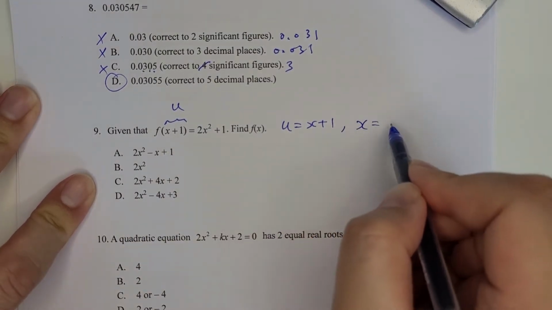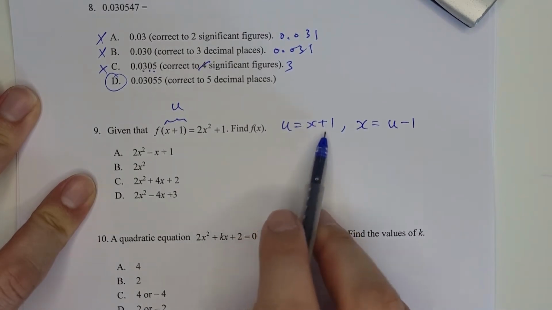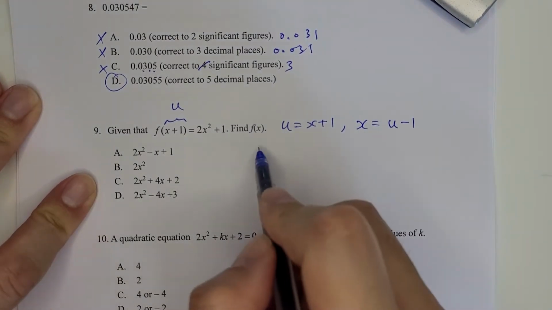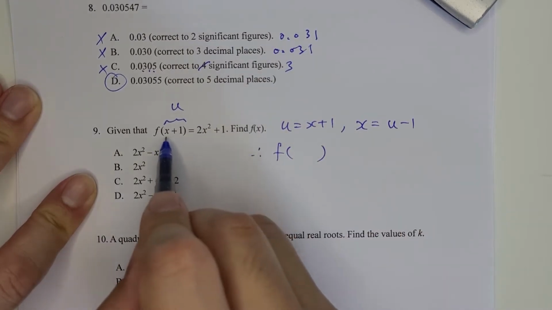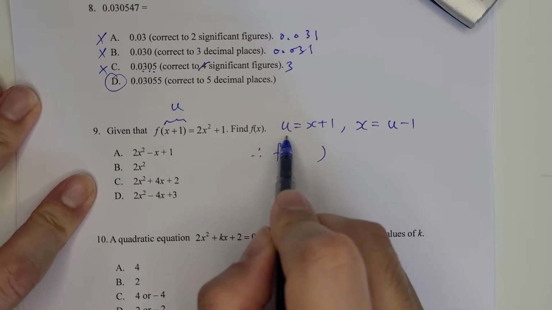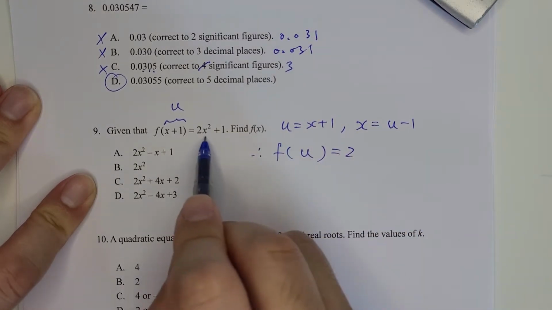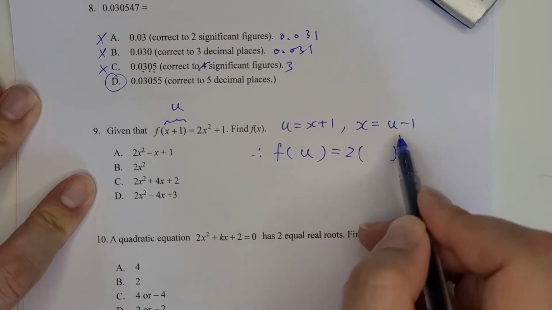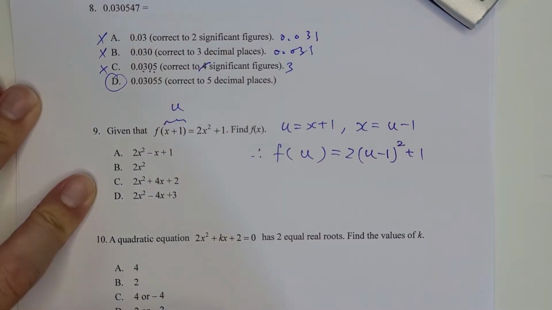Then x will become u minus 1, just doing what you do in the equation, okay? And therefore f(u), originally that x plus 1 is replaced by u, and originally that x is replaced by (u minus 1) squared, okay?